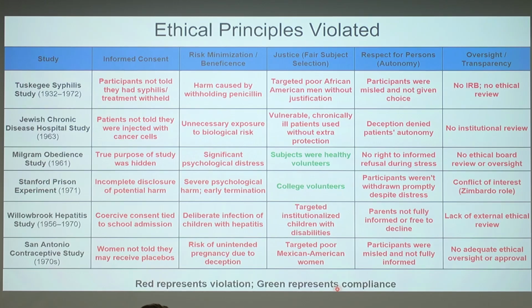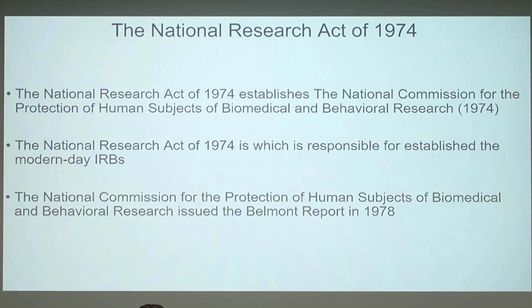I mean, it's unfortunate, but that's why those congressional hearings were held by Senator Kennedy, and that established the 1974 National Research Act. This required federally funded research in order to conduct medical research in humans.